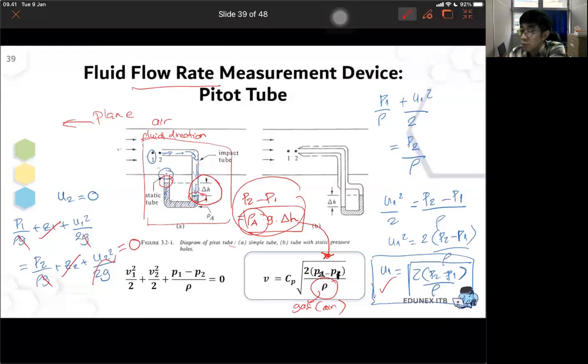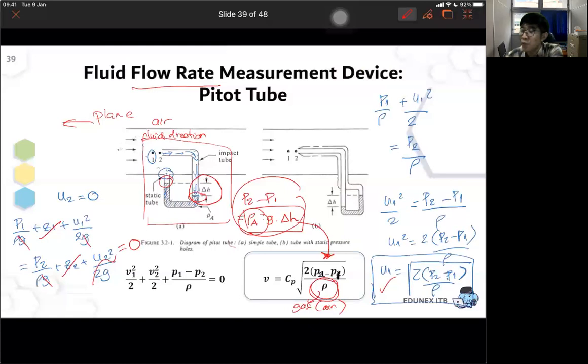But to calculate the velocity, then you have to divide it by the rho of the air. Again, if you can remember, then it's very good. But if you forget, then you can do the derivation by assuming, but you already know the assumption of the pitot tube at point 2, the velocity will be 0.